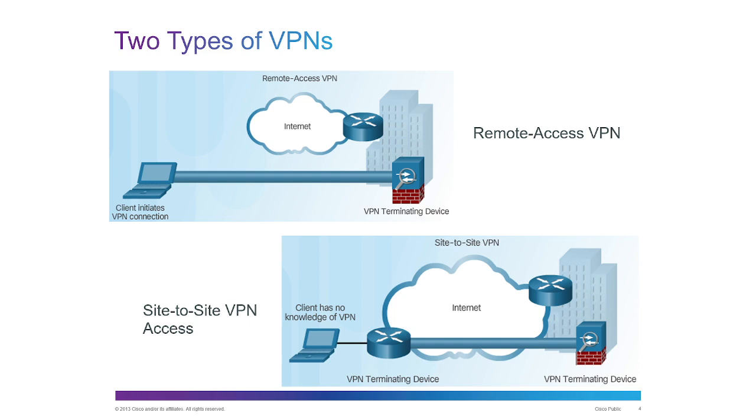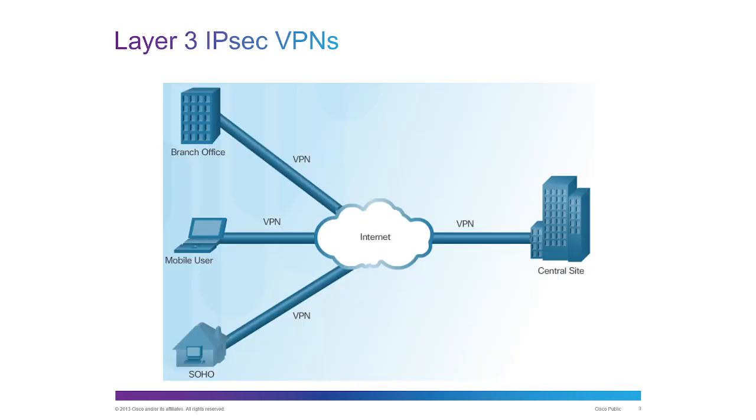So the main difference here is that these connections are always established and always there, compared to a remote access VPN, which you would normally use only when there is a need for a VPN connection. Especially when we think about the previous scenarios, a mobile user would most likely use a remote access VPN connection.